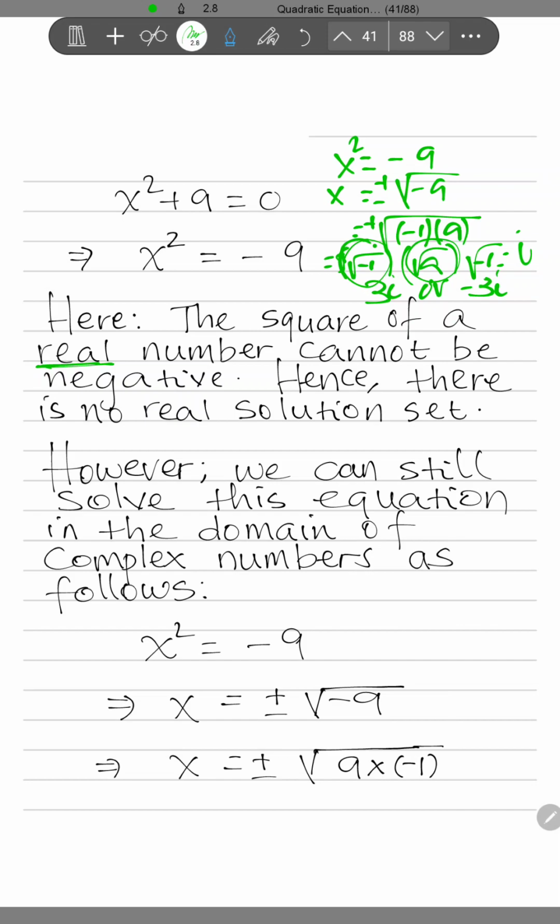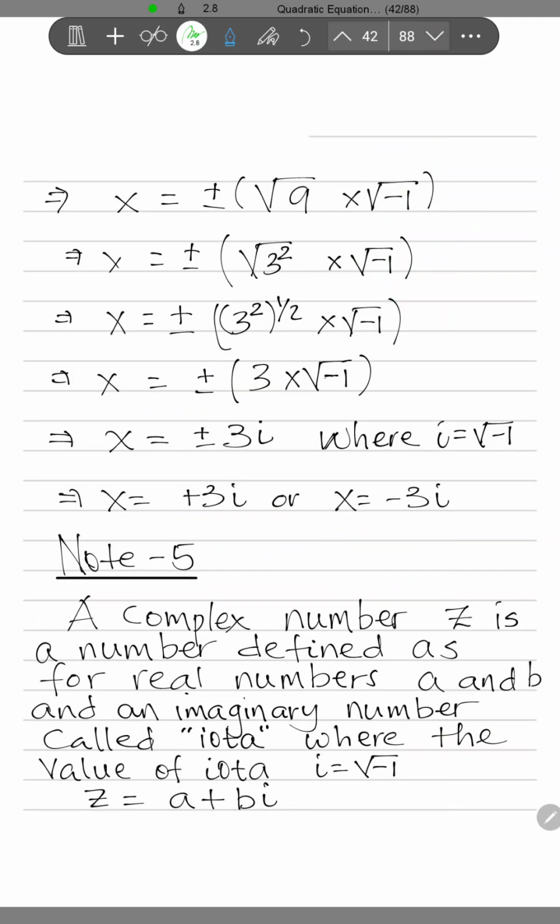But this is in the complex number system, not in the real number system. However, we can still solve this equation in the domain of complex numbers as follows. We have it here already, so it is solved up here. Same thing I just tried to explain. Note 5.